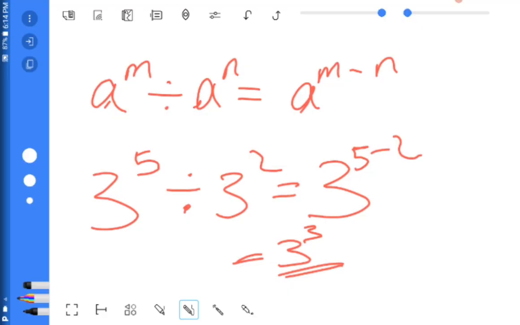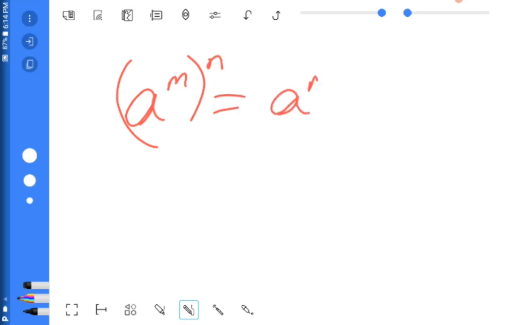The third law of indices states that a raised to the power m and all that raised again to the power n is the same as a raised to the power m times n. What does it mean?